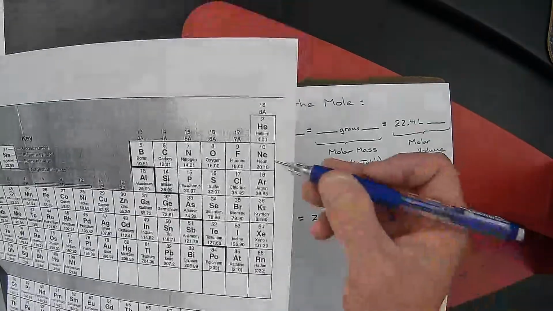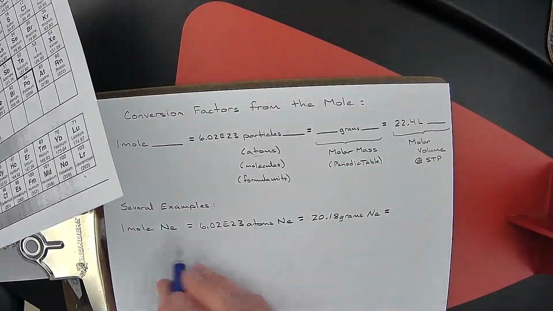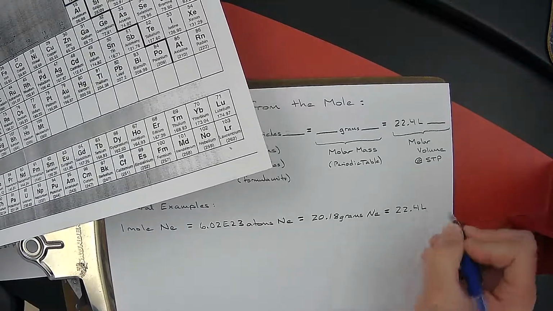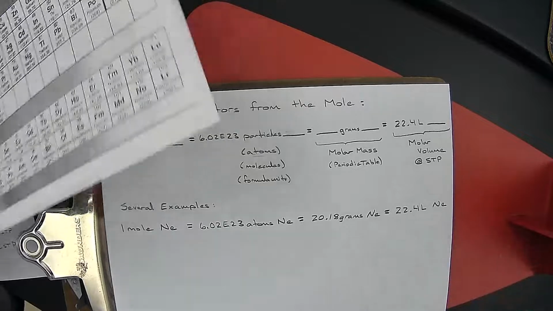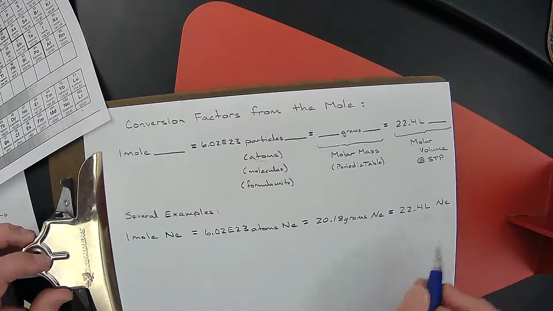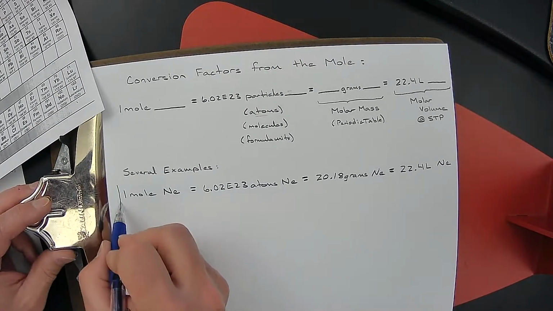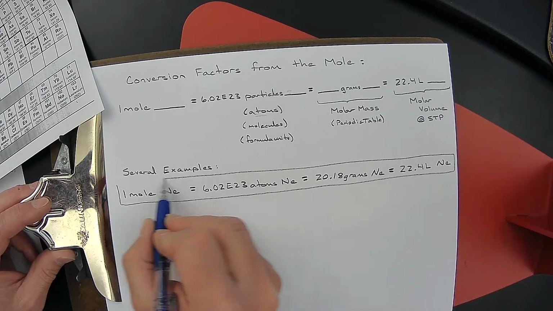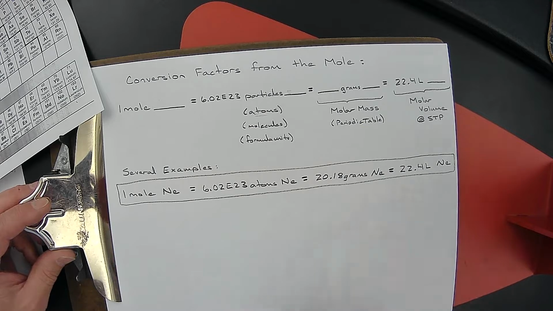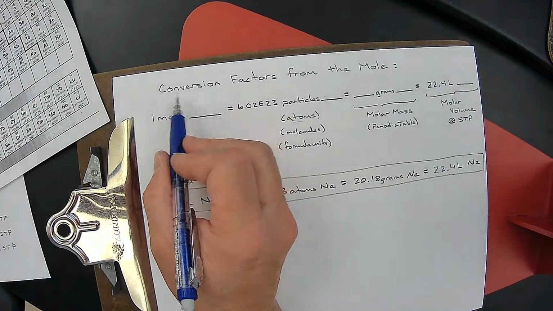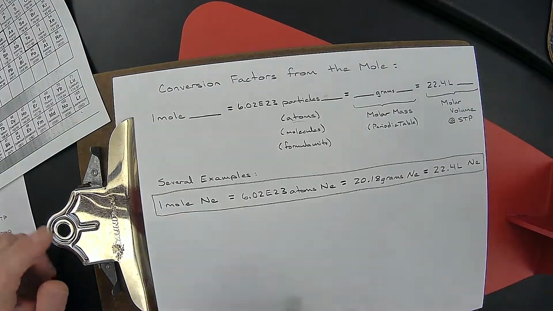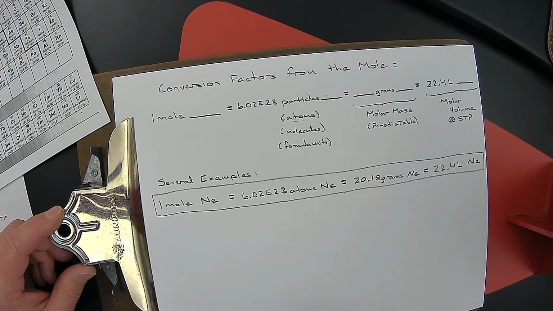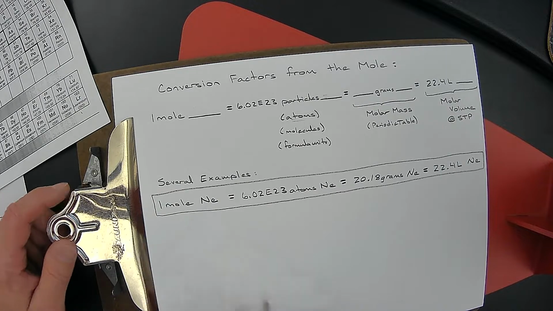As long as we're at STP, that amount of 1 mole of neon is going to take up 22.4 liters of space. So we put 22.4 liters of neon. These are the four conversion factors for neon. We'll learn in the next video how to use the conversion factors, but right now we're just writing out all four conversion factors. So this was an example for neon.